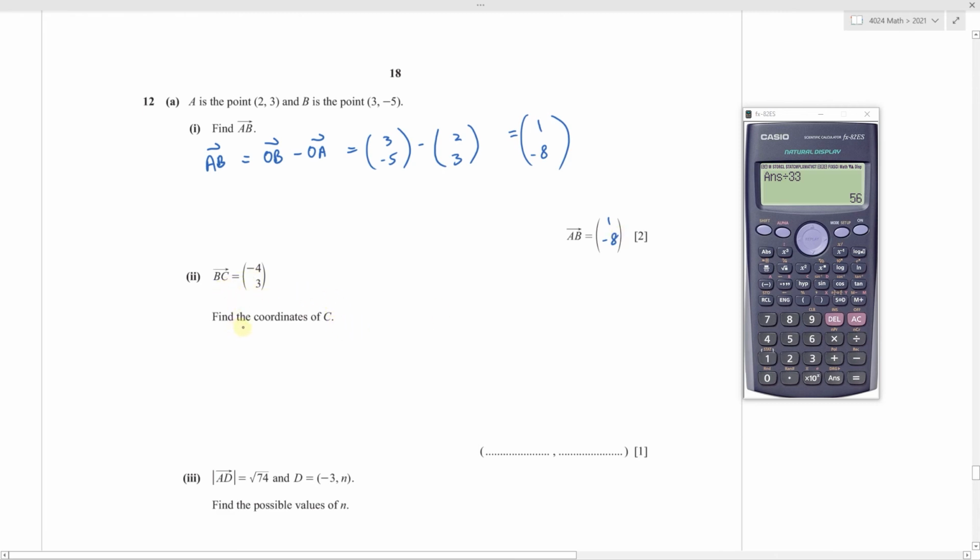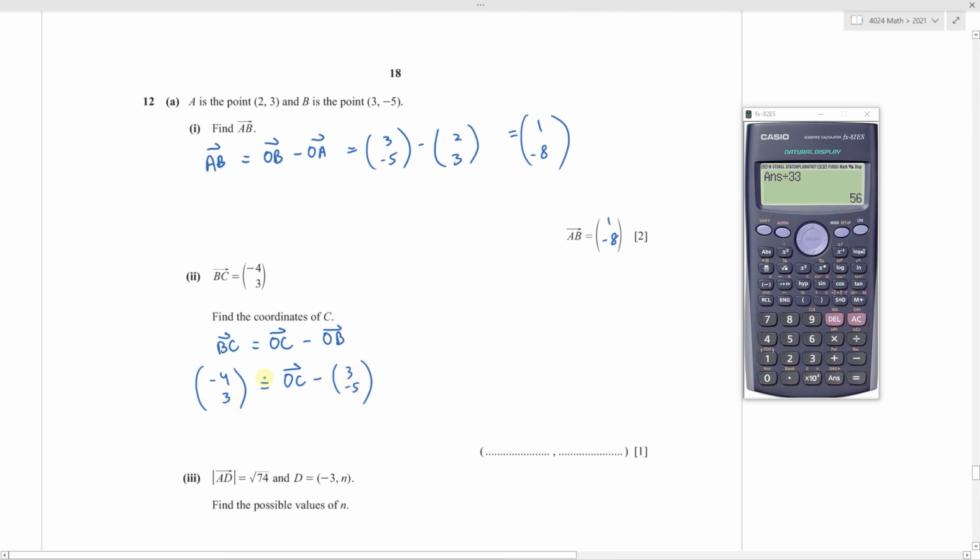BC is given. Find the coordinates of C. So again, BC will be equal to position vector OC, which will give us the coordinates of C, minus the position vector OB. BC is known, minus 4, 3. OC is the one that we need to calculate. OB is this, 3 minus 5.